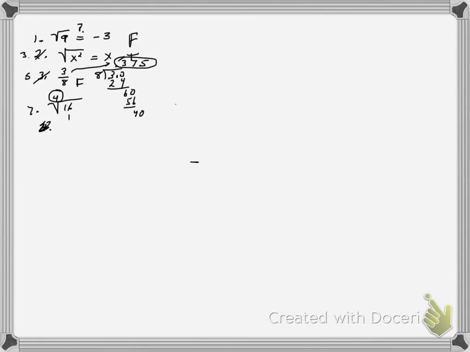No, that's called the index, so that would be false. And the square root of 25 is a rational number? Absolutely. It's equal to 5, and all integers are rational numbers. So that would be true.